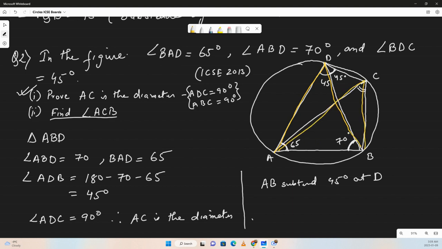So at C also it should subtend 45 degrees. So this angle is 45, right? So it will subtend the same at C. Therefore, angle ACB is equal to 45 degrees. Okay, so very simple, right? If we know the theorems, then these questions are basically very simple.